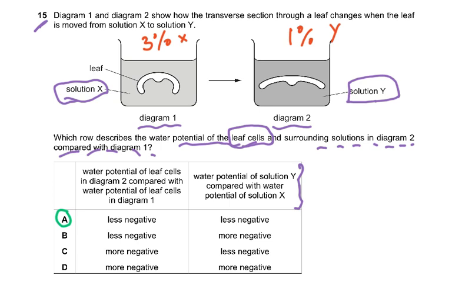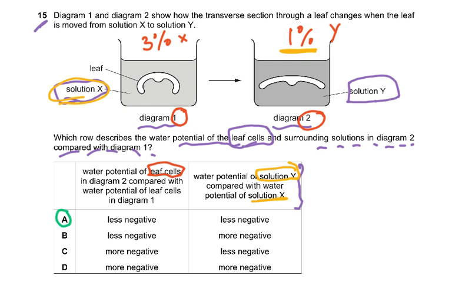Now here you have to understand water potential of leaf cells in diagram 2 compared with water potential of leaf cells in diagram 1. But then what have they asked you? Water potential of solution Y compared with water potential of solution X. So please read the question and understand the question before you figure out why it is both less negative.